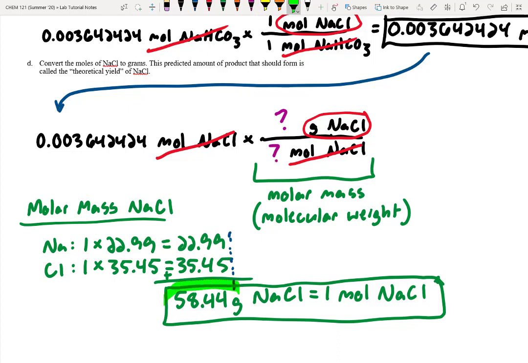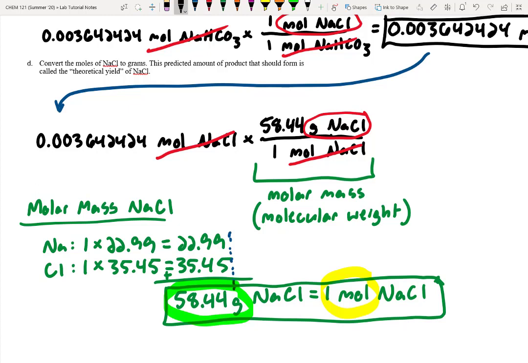Well, down here, we had 58.44 with the grams unit. So I'm going to do the same up here: 58.44 with the grams unit. And I've got 1 with my mole unit, so I'm going to put 1 on the bottom with my mole unit. That way everything's paired up. So I'm set to go now, right?